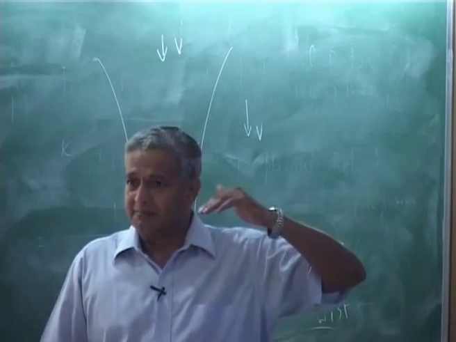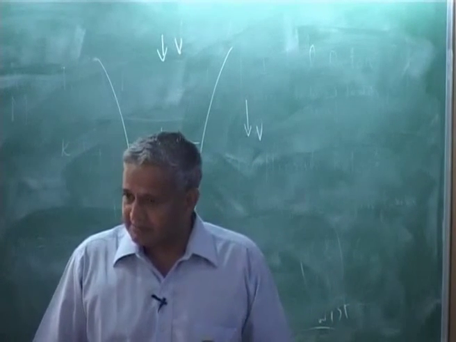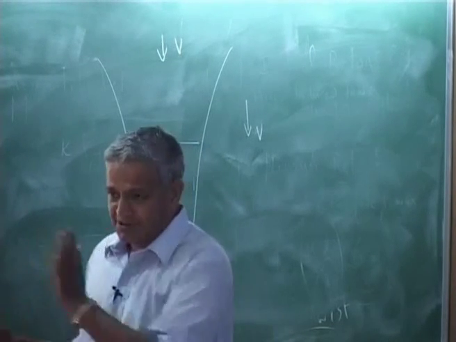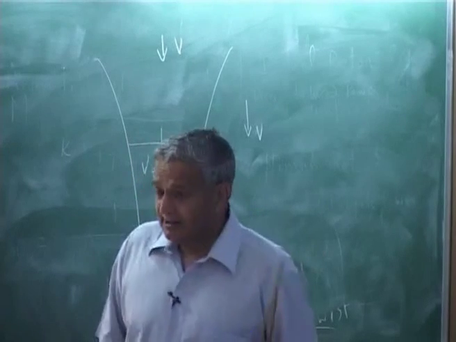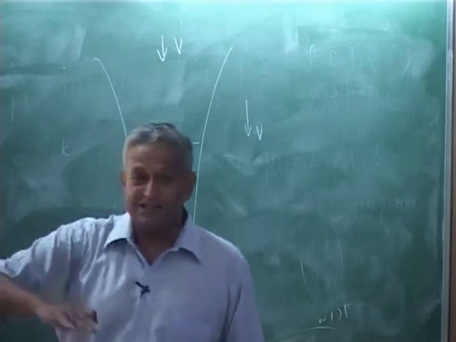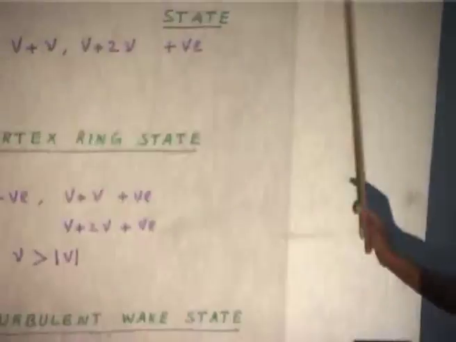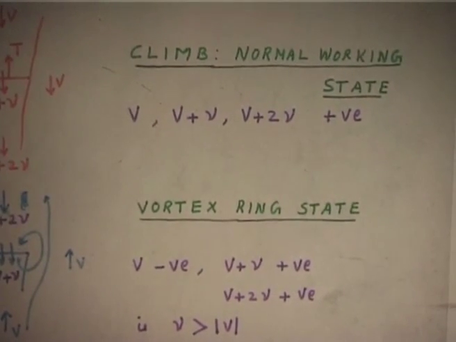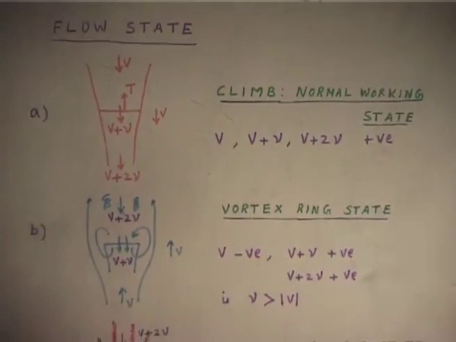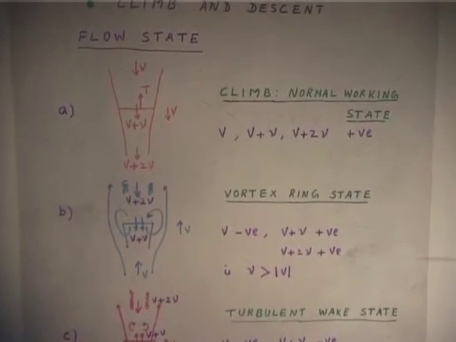But once you are climbing, the inflow nu over omega r is a different value. For that you will get an expression after this. So, this particular condition of the rotor is defined as normal working state, because normal means flow is everywhere the same inside the slipstream, and outside also it is in the same direction.